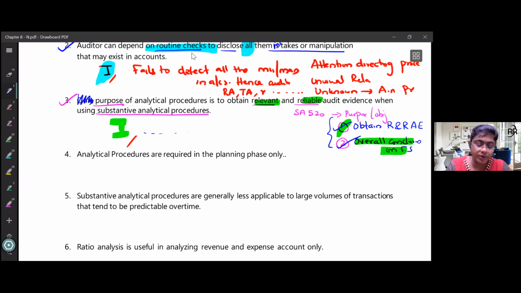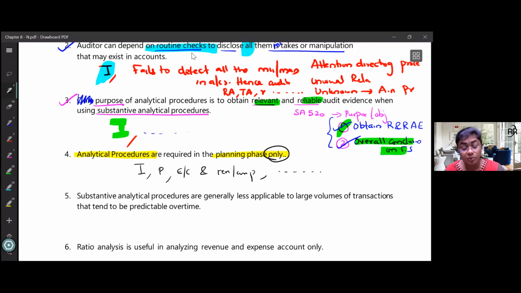Oh my God, how many times we discussed analytical procedures are required only in planning phase? Answer is, will you say or you want me to say? Incorrect. Analytical procedures are used in planning phase, execution or performance phase, and overall review or completion stage, that is throughout the audit engagement.